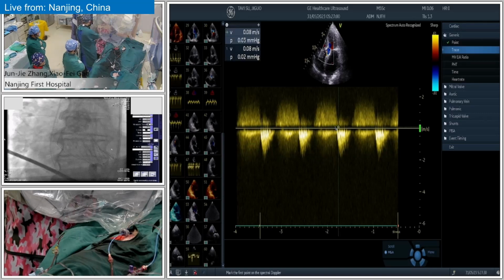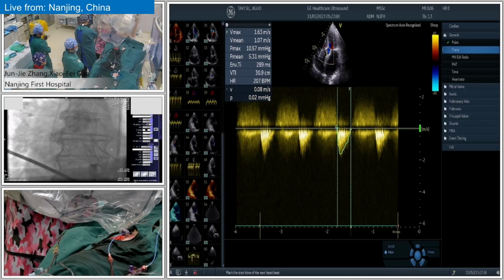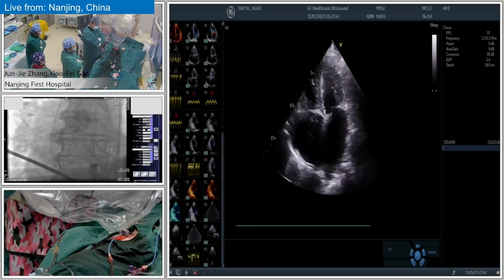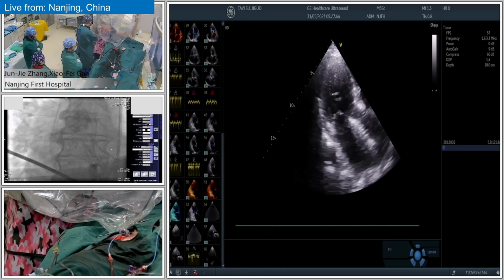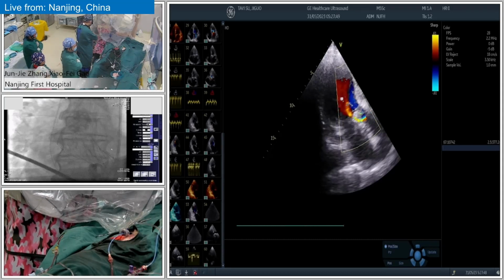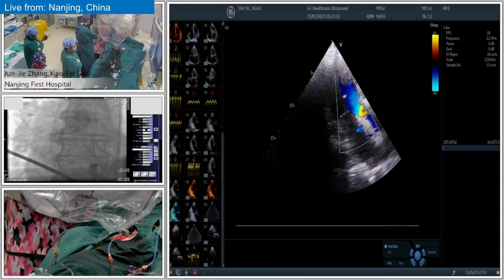It looks good. The mean pressure gradient is only 5 millimeters of mercury. Okay, good. The valve function is normal. No PVR? No PVR. The valve position is excellent. I think there is a little central regurgitation. Or a little PVR, what do you think?